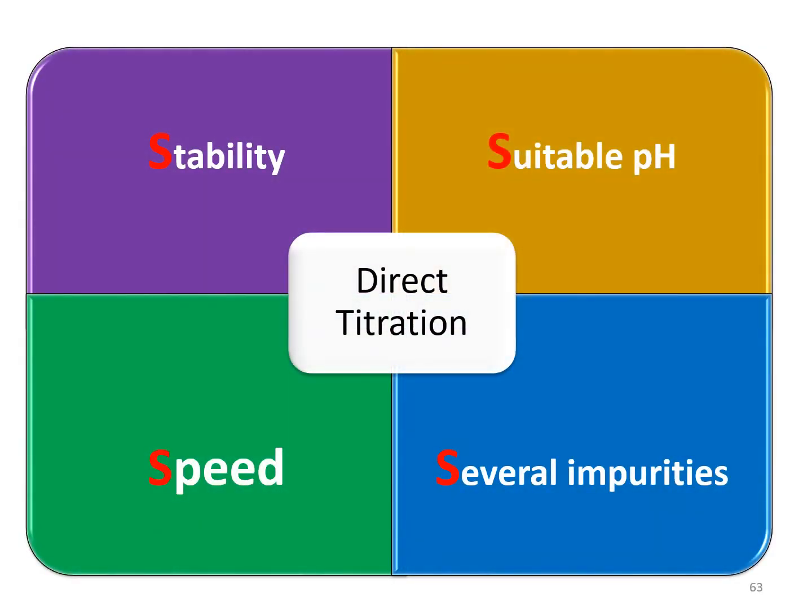So, for a direct titration, there is the 4S rule for the requirements: stability, suitable pH with an auxiliary agent, speed of reaction using a catalyst, and several impurities, which can be masked.